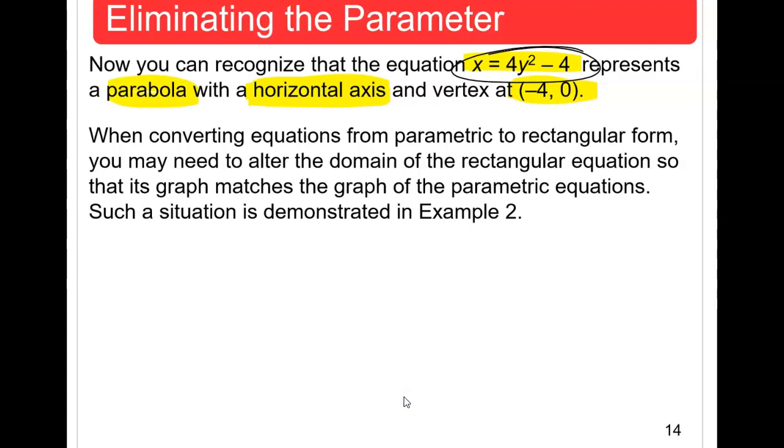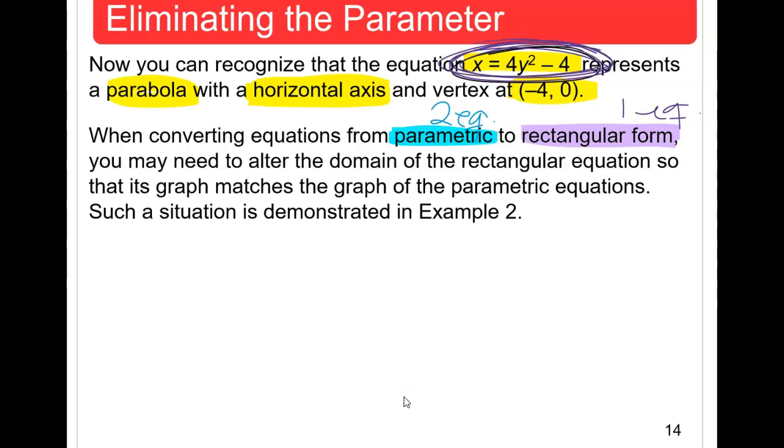So when you convert equations from parametric, remember parametric is when you have two of those, you eliminate the third variable, t. So this is two equations. And when you convert them to rectangular form, you just have one equation, like that one there.